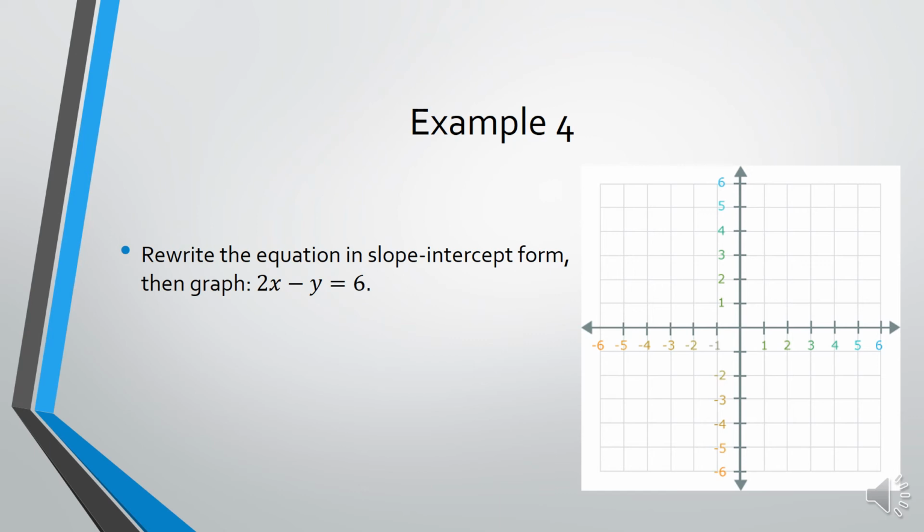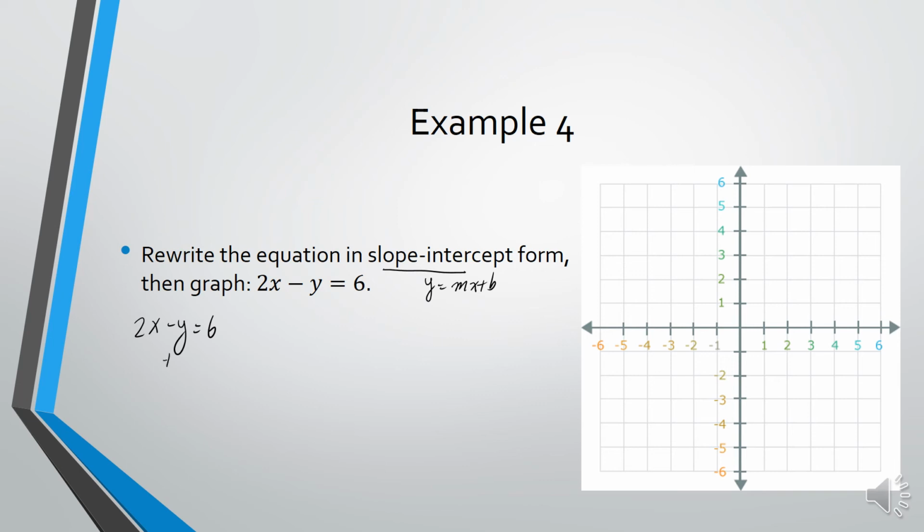Next, I want to rewrite this equation in slope-intercept form and then graph it. So remember, slope-intercept, you're thinking y equals mx plus b. That's your goal. So let's start with our equation. The goal is to get y by itself. I'm going to do something slightly different this time. I'm going to move the y, and the reason is because I don't want to have to worry about dividing by -1 in the end.